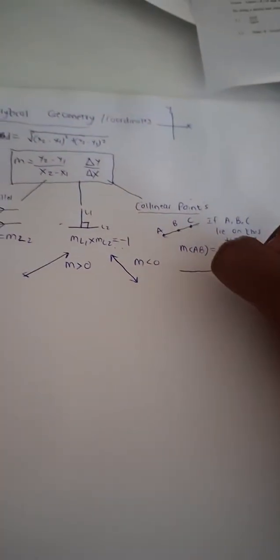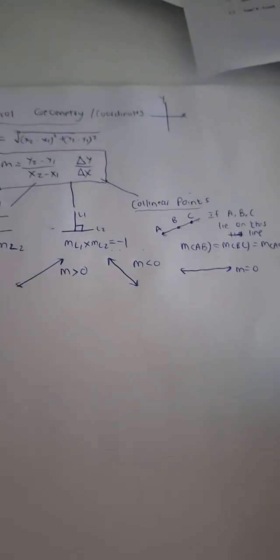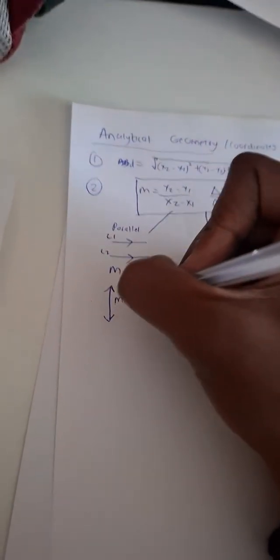A line like this that is horizontal has a gradient that is equal to 0. And lastly, a vertical line like this has a gradient that is undefined.